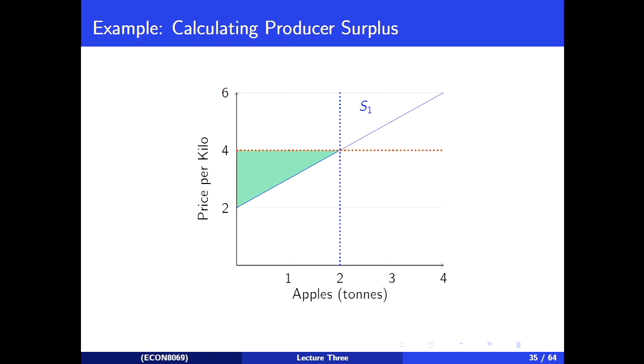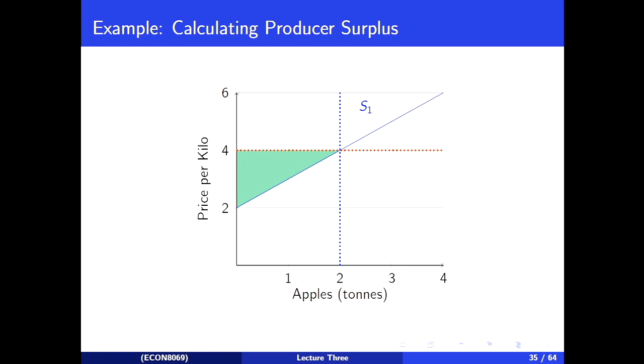But normally, surplus is measured in dollars, because normally this is quantity measured in kilograms, and this is price measured in dollars per kilogram. And so areas on this are dollars per kilogram times kilograms. The unit analysis says that these regions here are measured in dollars.